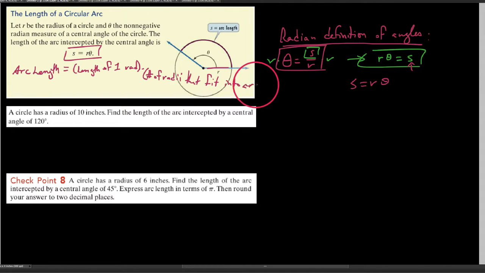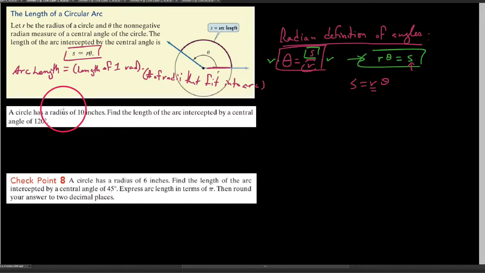Because I already know the angle, and the angle tells me how many times the radius fits into the arc length, if I take the length of just one radius and fit it into the outside this many times, then I could tell you the total length of that arc.